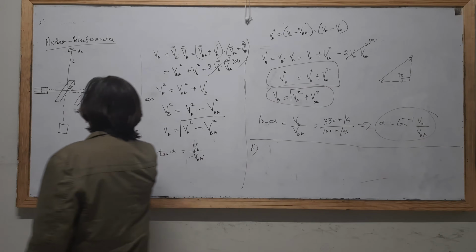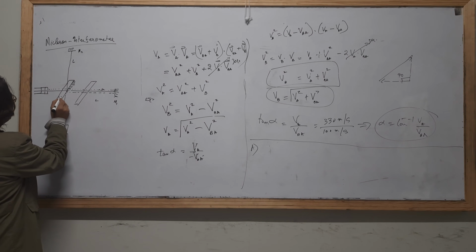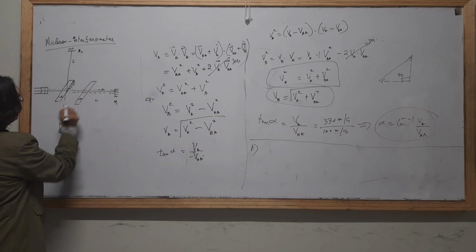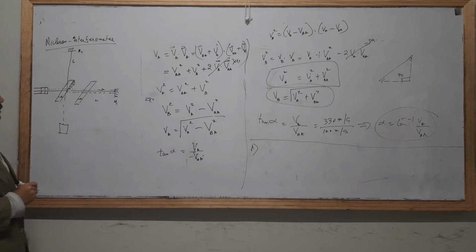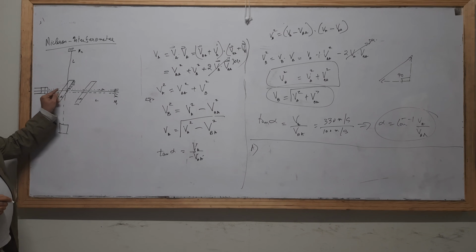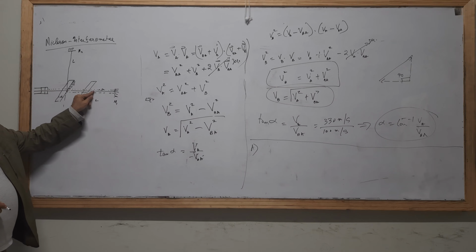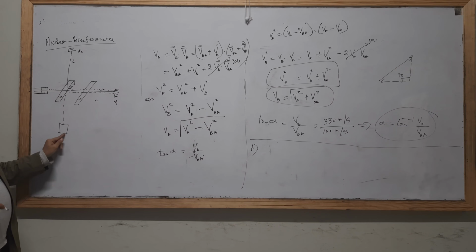Here light is passing, if this length is D and this length is D. Light will pass through one time, two times, and three times, and then reflect toward the observer.